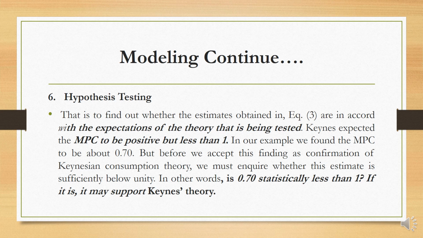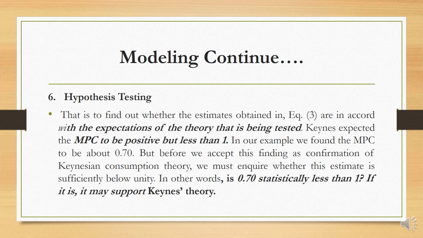Our next task is hypothesis testing. That is to find out whether the estimates obtained in equation 3 are in accordance with the expectations of the theory that is being tested. Keynes expected the MPC to be positive but less than 1, or greater than 0.